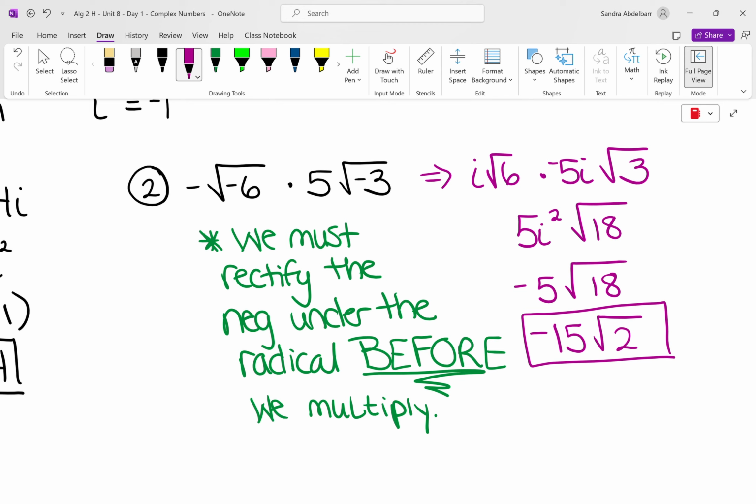Oh, wait, did I lose my negative in the beginning? Yes. Okay, so this is a negative, which makes this positive. I put the negative in the wrong spot. It was this one that was a negative, right? There we go. Better.